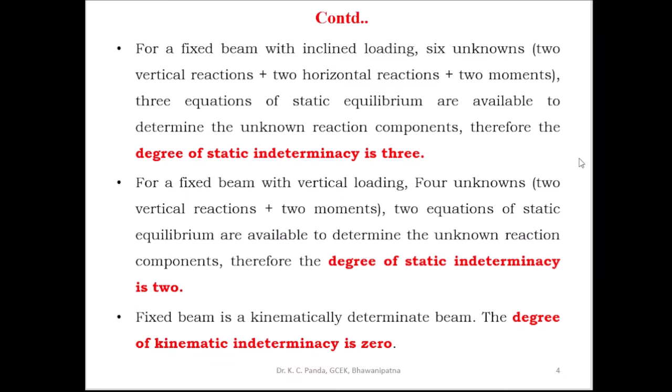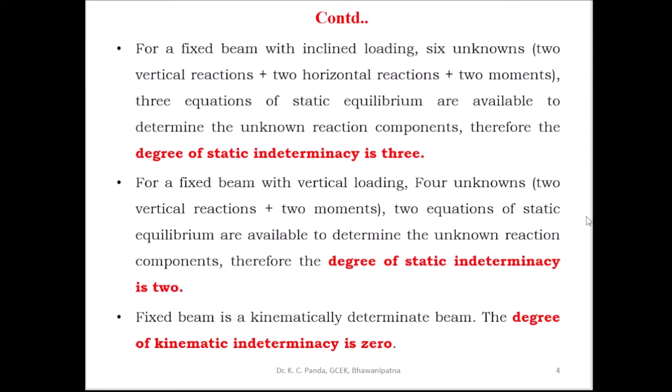But for a fixed beam with vertical loading, there are 4 unknown reaction components, 2 vertical reactions and 2 moments. In this case, 2 static equilibrium equations are available to determine the unknown reaction components. Therefore, the degree of static indeterminacy is equal to 2.